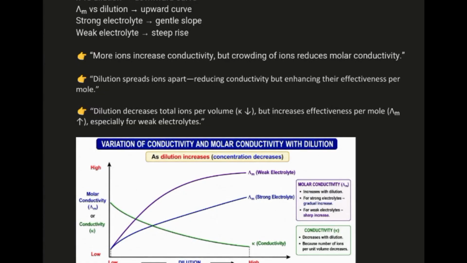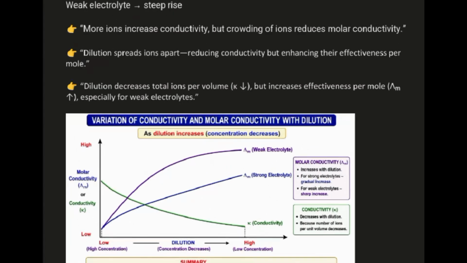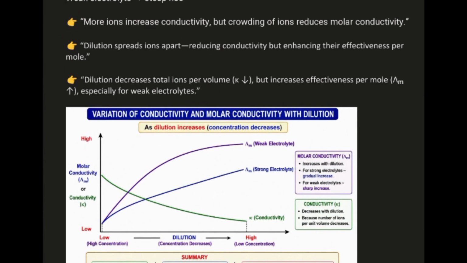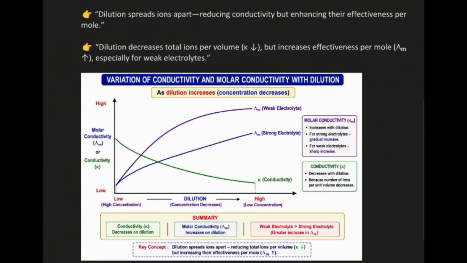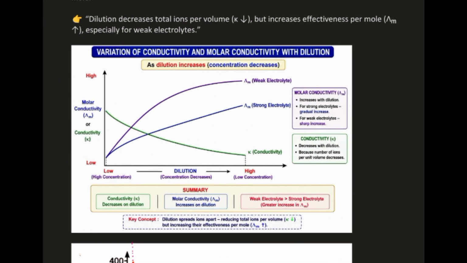Now dilution spreads ions apart, reducing the conductivity, because the number of ions per unit volume will decrease, but it enhances the effectiveness per mole. So the lambda m value will increase, though kappa decreases.